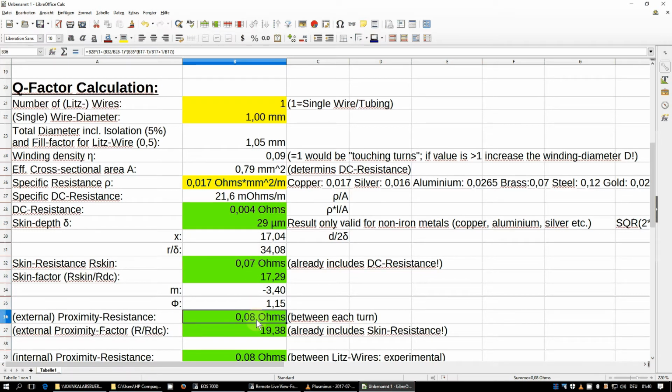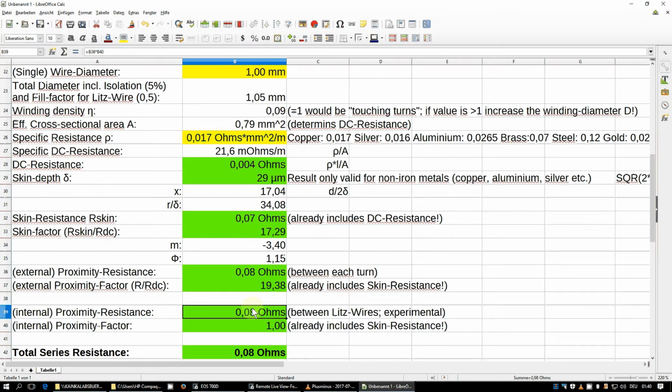So that's one of the secrets, just to counteract the external proximity effect. Take a large distance between the turns. And of course we don't have any internal proximity resistance because we don't use Litz wire.